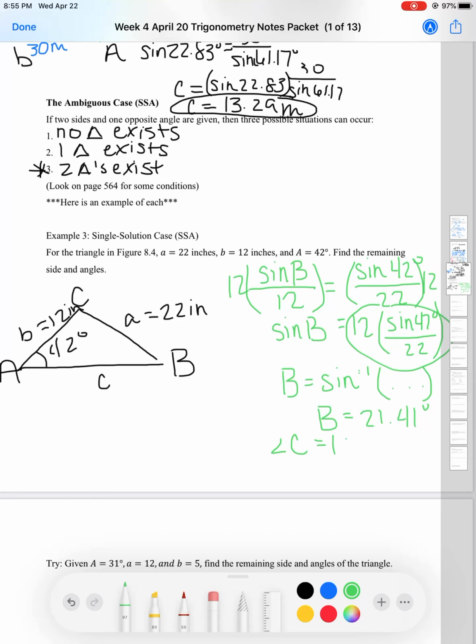Okay? Then to get angle C, we take 180 degrees minus 21.41 plus 42 degrees. And we get that angle C is 116.59 degrees.